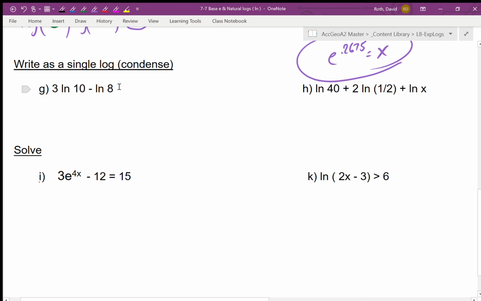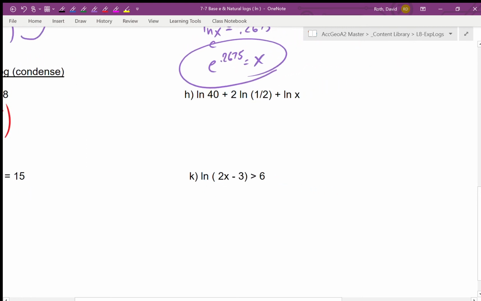Condense it? Sure. Don't forget, a log is a power. The power belongs up there when we condense, so do that first. So this would be the same as natural log of 10 to the third over 8. Okay, easy enough. Let's do this one. This is a power, so then I'll go up here.